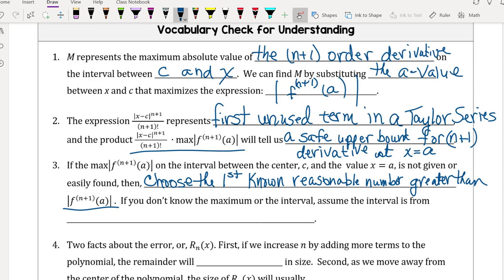If you don't know the maximum or the interval, assume the interval is from the center to the x value. So you just create your own little interval. Because you know where you want to be, and you know that you are away from the center because the polynomial was made based on some center value c. So that interval is a big enough interval for you to use.